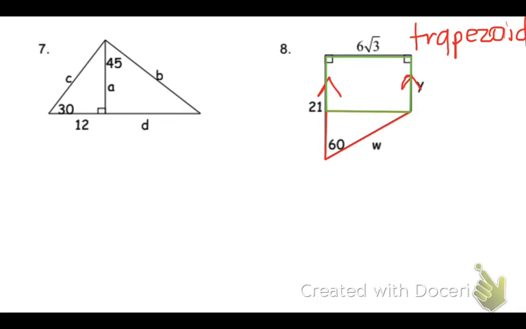Well, it gives us the 60-degree angle measurement, which means that this other one right here would be 30, because we know that this one is a right angle. So, if we look at our pattern, the one that's across from 30, so right here, is going to be your X. W is going to be your 2X. And then this right here is going to be your X root 3. And that's all just using the pattern for your 30, 60, 90 triangle.